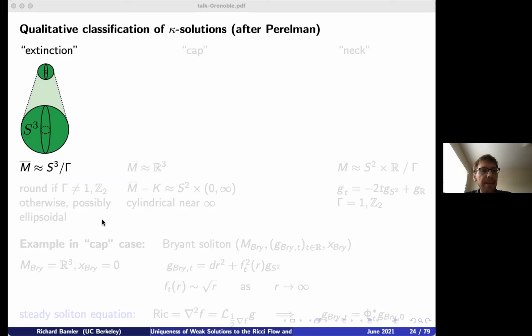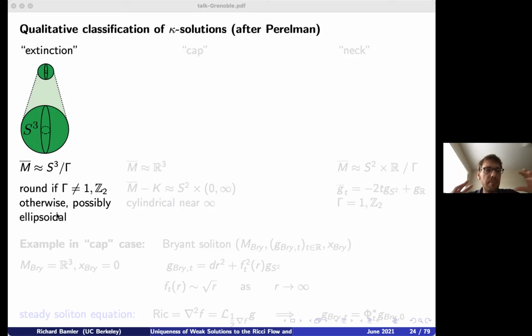If gamma is not 1 or Z2, so if this spherical space form is non-trivial and has complicated topology, meaning M bar is not S3 or RP3, then the flow is just round. It's just a quotient of the round sphere that shrinks down to a point, just as what we've seen in the rotationally symmetric case.